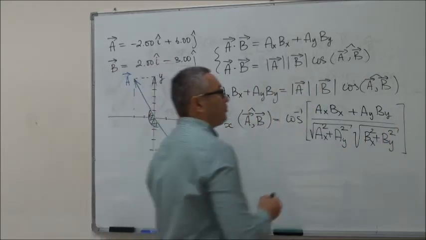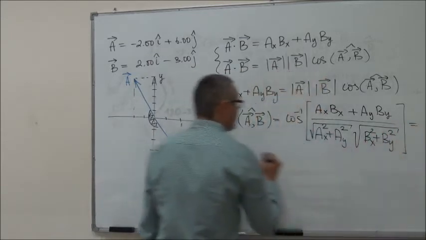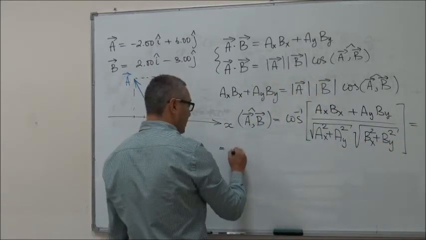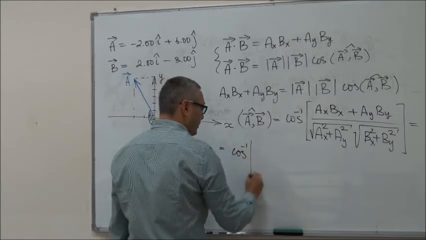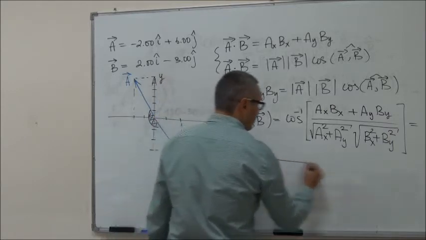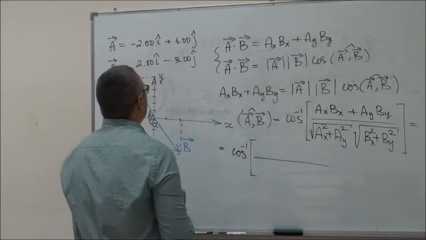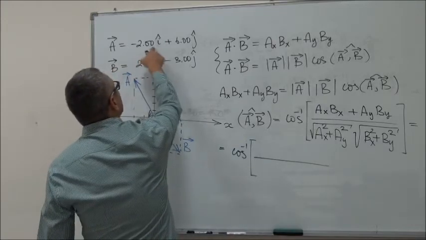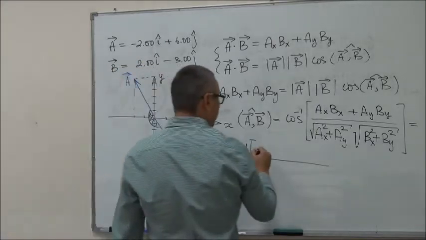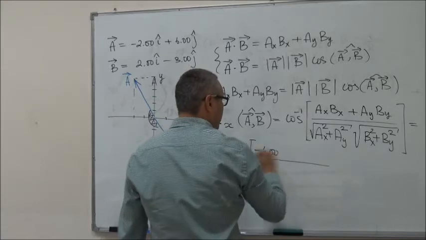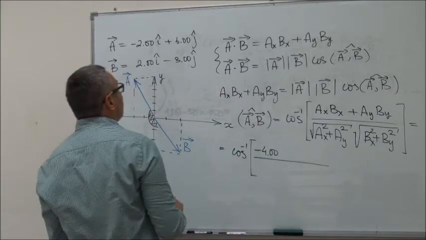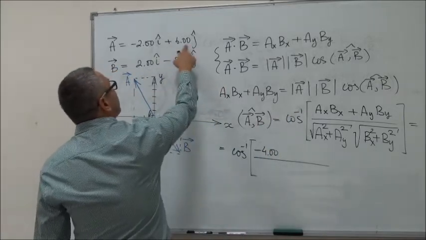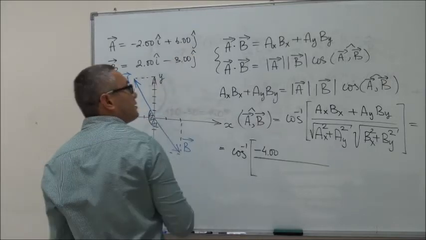Now we can just put all the numbers into this equation to calculate the angle. So cosine inverse is equal to AX times BX. So minus 2 times 2, so negative 4. AY BY, plus 6 times minus 3.